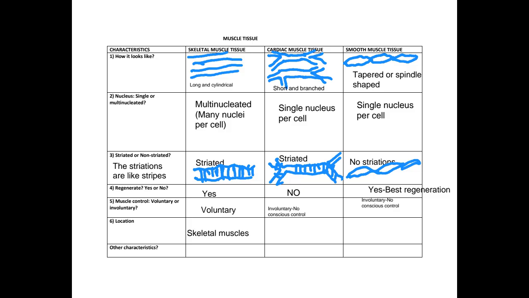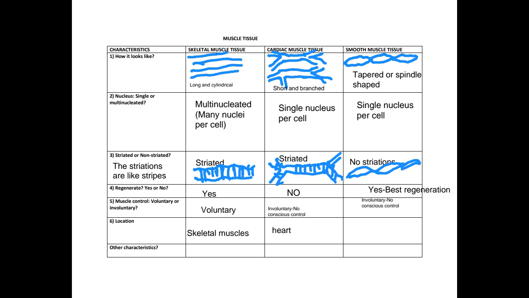And then your smooth muscle is found in areas of your body that are tube-like, so we call them hollow organs, like small intestines, large intestines, like your esophagus.